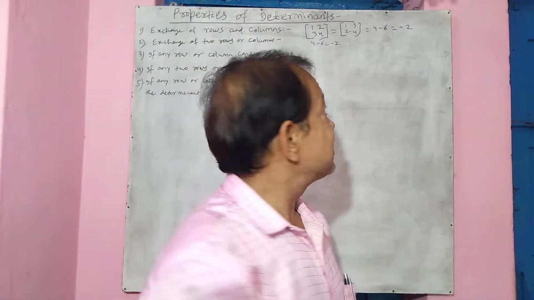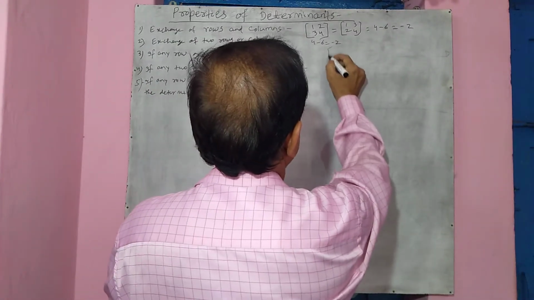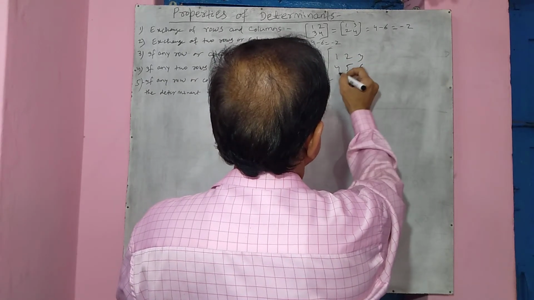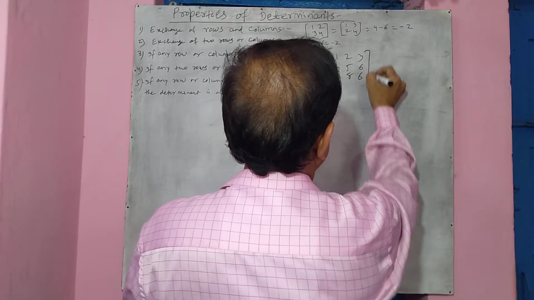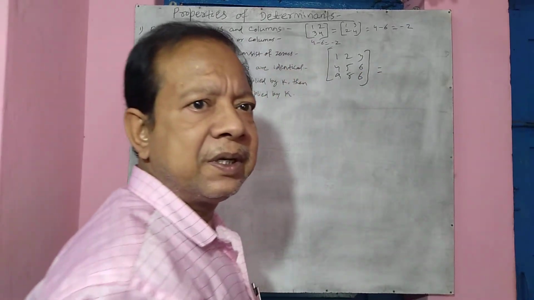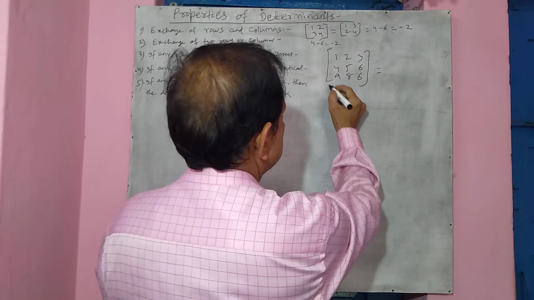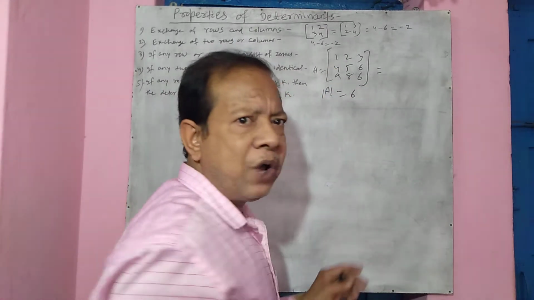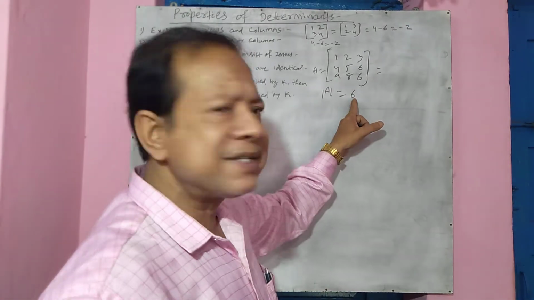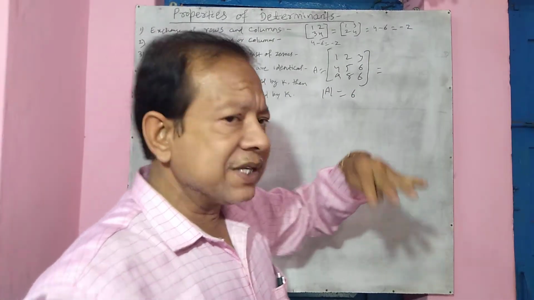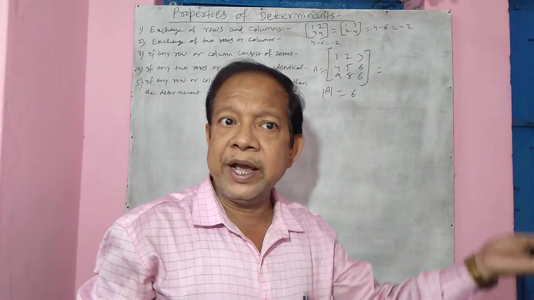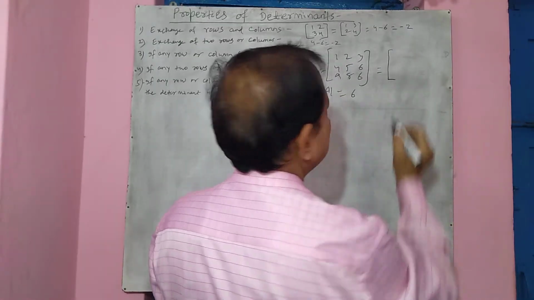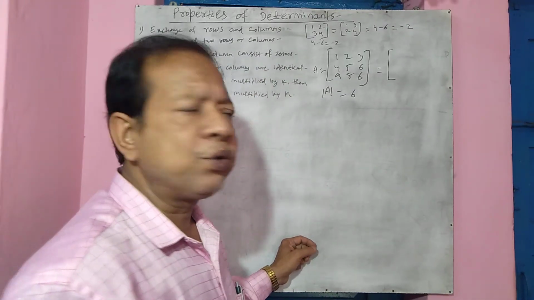Now let's say we have a determinant 1, 2, 3, 4, 5, 6, 9, 8, 6. Let's say its determinant is 6. I don't know how much, I have not found out. Let's say it's 6. Now let's exchange any 2 rows or any 2 columns.